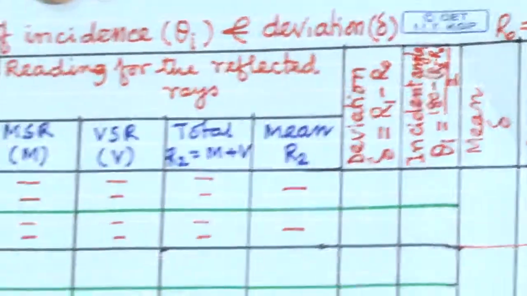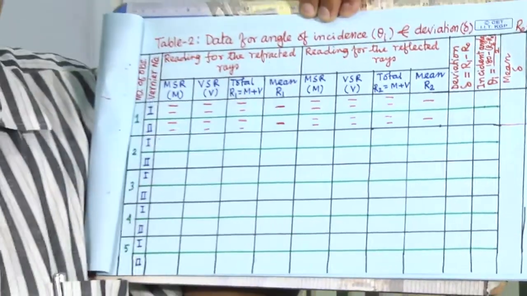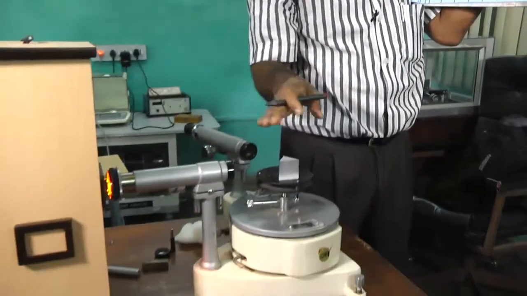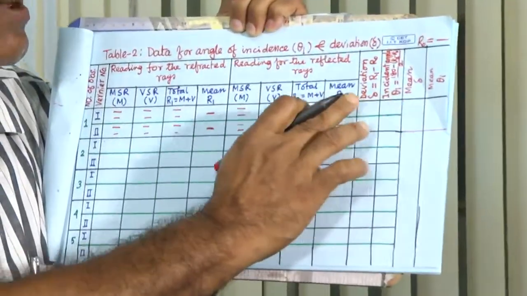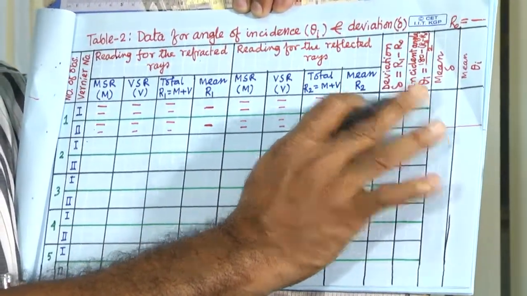So then you are getting the accurate incident angle, and for that you get the deviation. So this is the deviation for one incident angle.